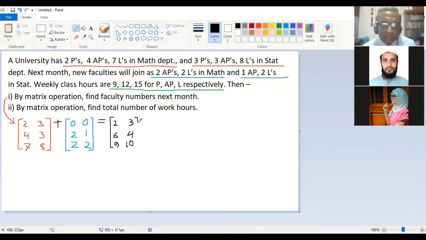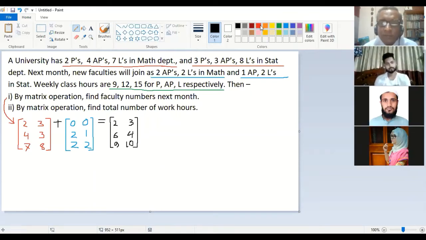So this is the answer of the first question. Is that okay? Any problem to understand this? No, sir. Okay, very simple. This way you can find out the number of faculties in the next month after some new faculties join, and you are following the structure and rule of the matrix. That is my main point.